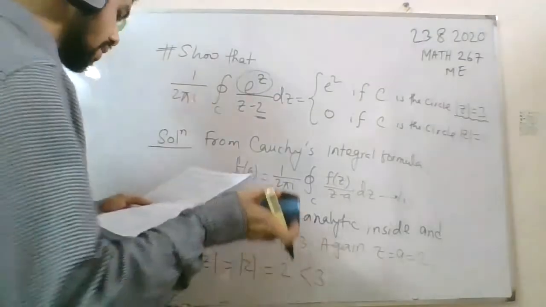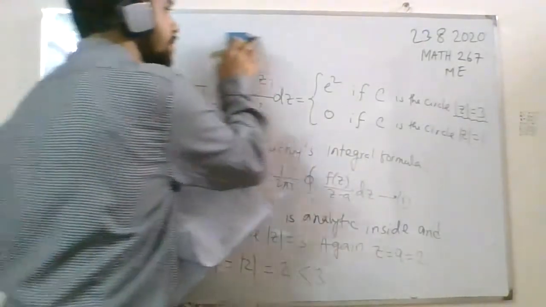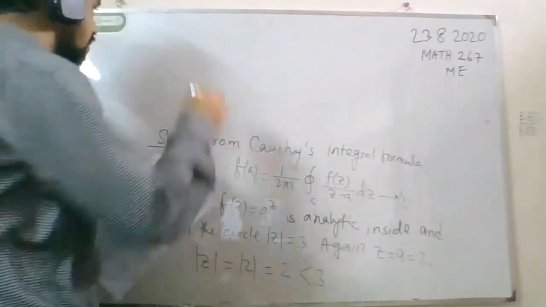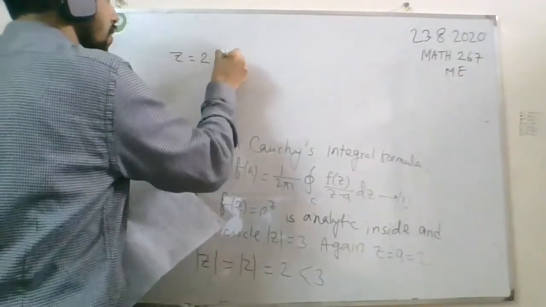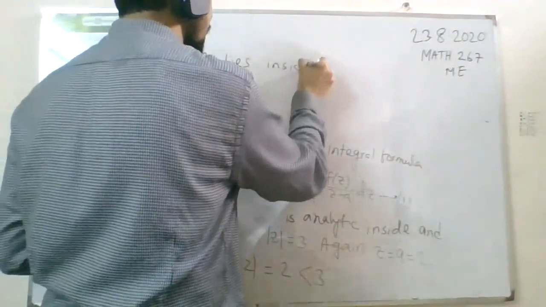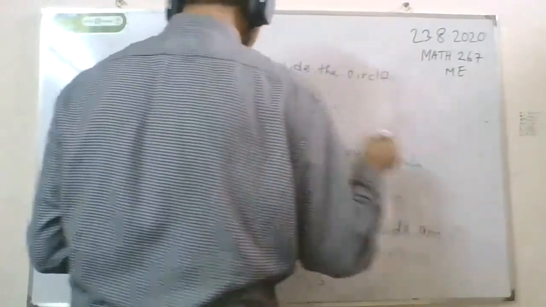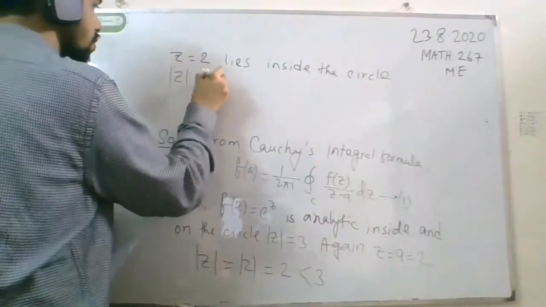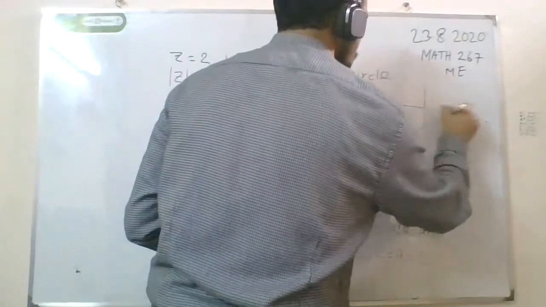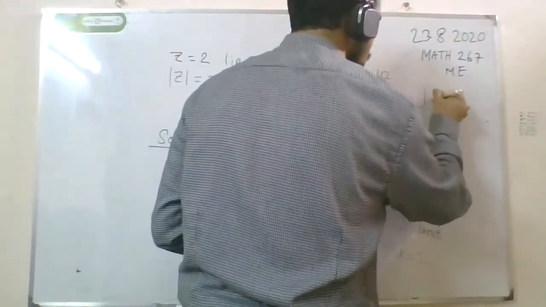So now you can say it lies inside the circle |z| equals 3. Okay, and here it is. Sir, what did you write on the last line? I said 2.